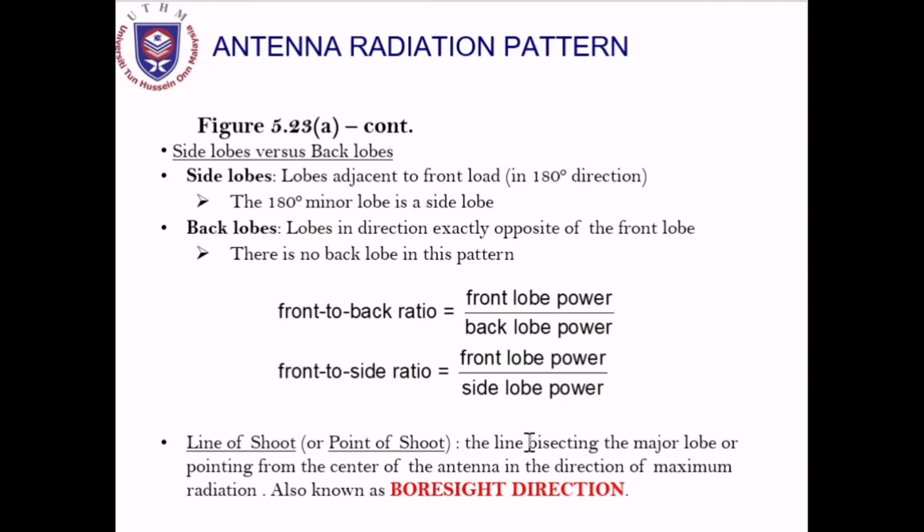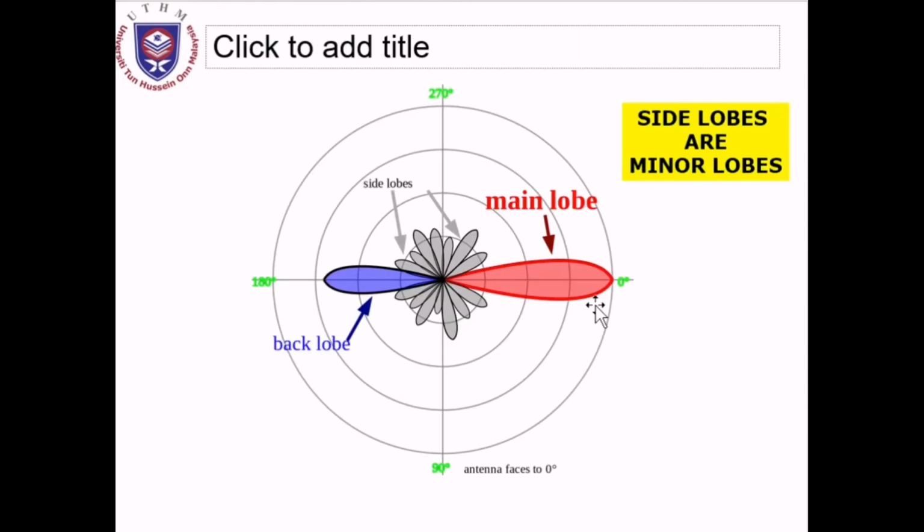From this equation, for example the front to back lobe ratio, we just need to know the magnitude of the main lobe and the magnitude of the back lobe. From there we can divide and get the front to back ratio. The equation given is in watts, so if it's in dB, you have to subtract them.